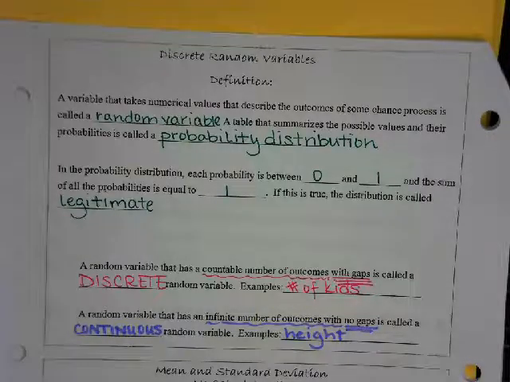There's no gaps. We could have all the different numbers to make it continuous. I hate using the word in the definition for that word, but it just makes it continuous. There's no gaps when we look at height.